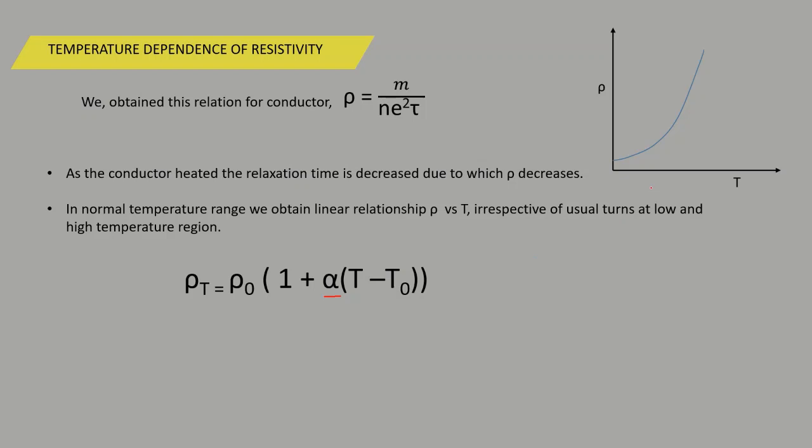Now if you look into the graph for the variation of rho with T for a conductor, you will find that at the lower temperature region and at the higher temperature region it is non-linear, but in between, in the commonly used temperature region, not very high, not very low, the resistivity is linear in nature for the case of a conductor.